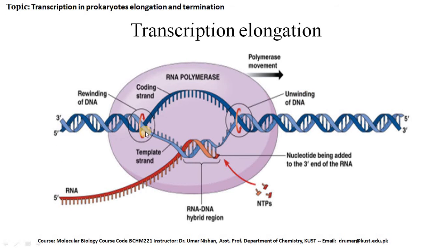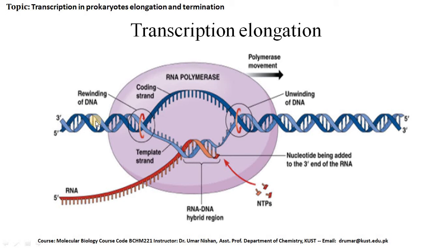You see, this is the DNA which is being transcribed. This big portion, this is RNA polymerase. You have to remember this. Of course, in this DNA we have two strands. This one is the coding strand, and the light blue is the template strand.